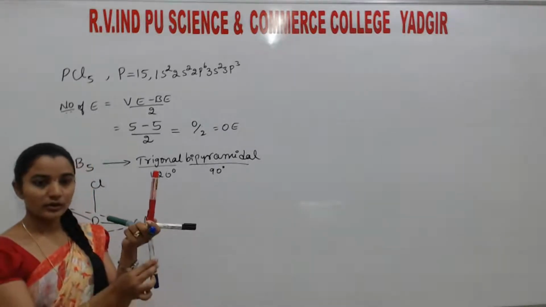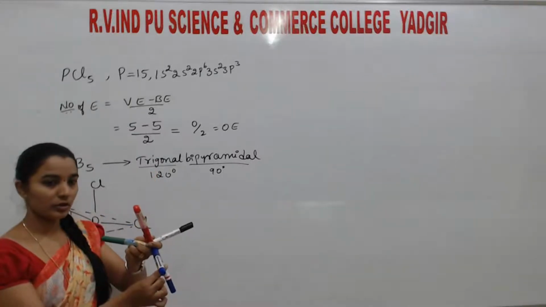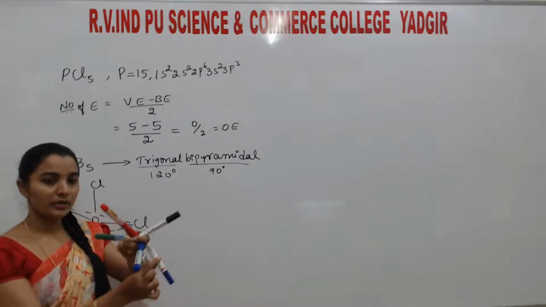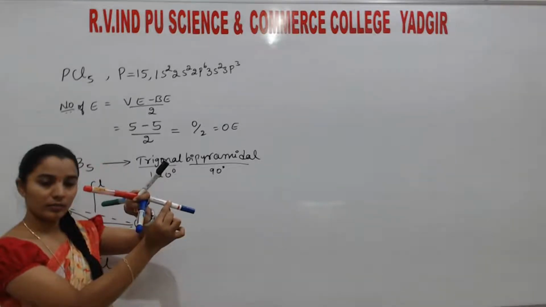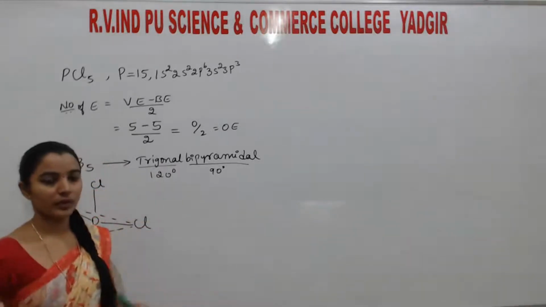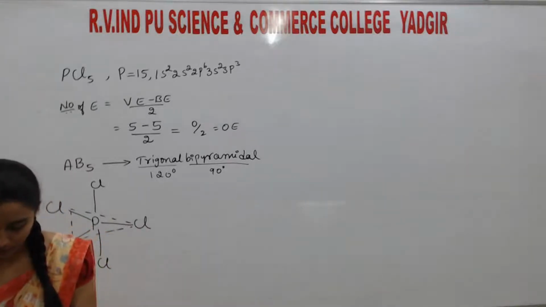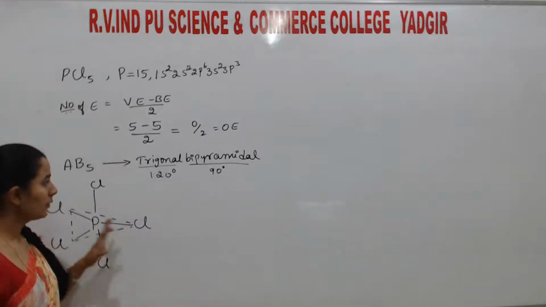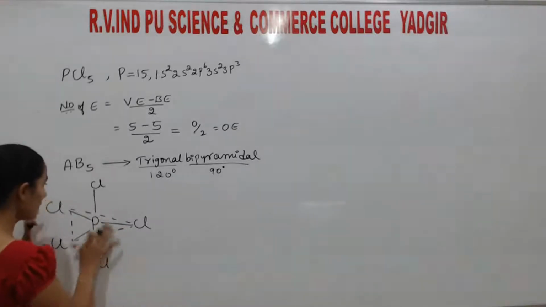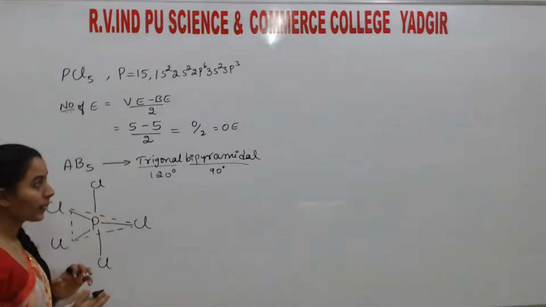So this is how the trigonal bipyramidal structure is. Are you getting it? The triangle is in this shape, with one atom below the plane and one above the plane. So this is the PCl5 structure.